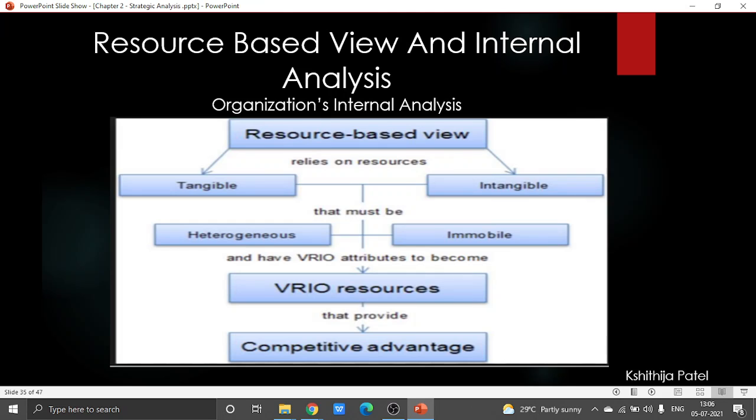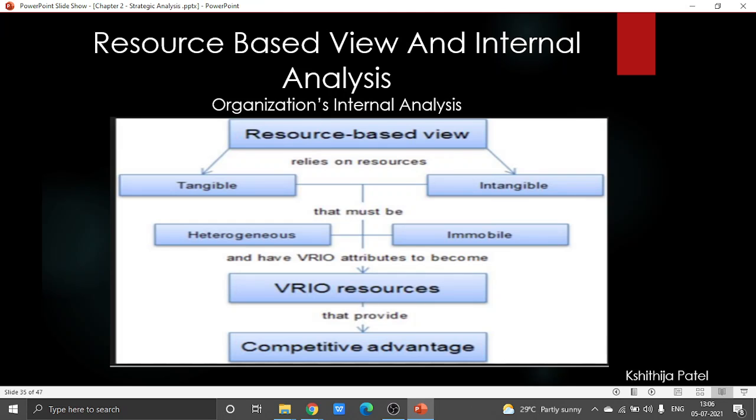And it also tells that these important assets should be neither perfectly imitable nor substitutable without great effort.